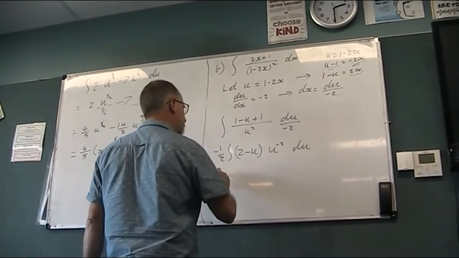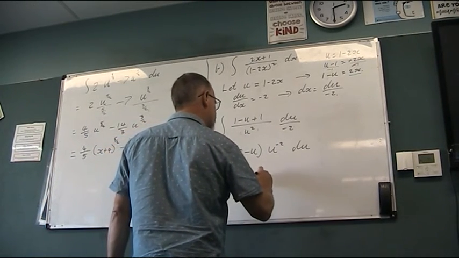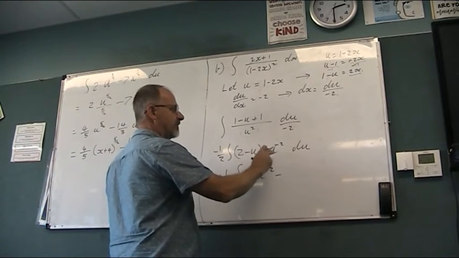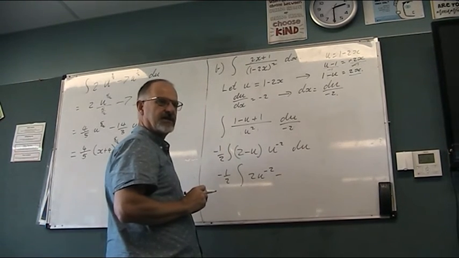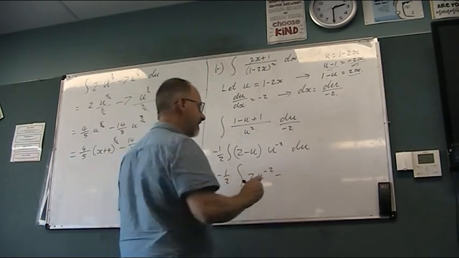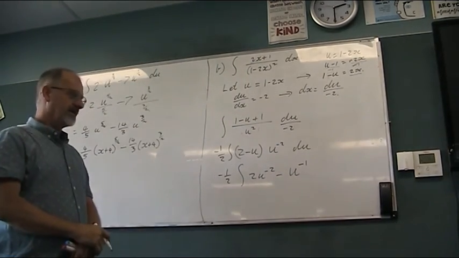And then when I multiply that into those brackets, 2u to the negative 2 minus u times u to the negative 2 is u to the negative 1. Is that correct?